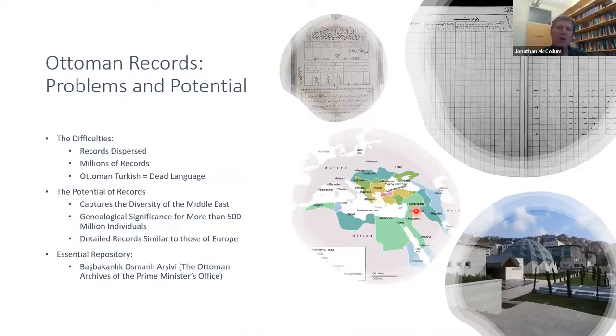Now, the Ottoman Empire was also an entity that was trying to compete with Europe. And so the sort of detailed records that Western European family history experts are accustomed to, we see analogs to them produced in the Ottoman Empire.